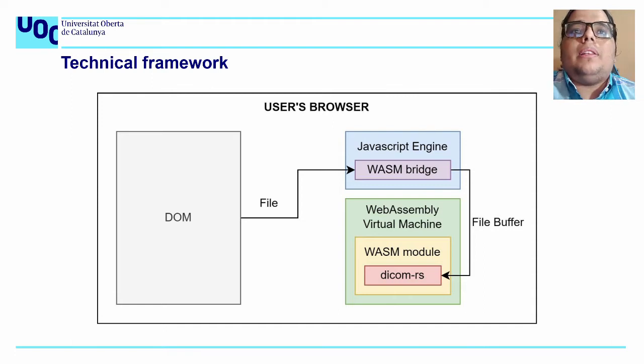And that file gets sent to the JavaScript engine, where we will get the byte buffer, because we cannot take the file as it is and give it to WebAssembly. We need to first get the buffer, and then that buffer will be sent to the WebAssembly virtual machine, where the library will get it and perform the operations like data extraction or data modification.